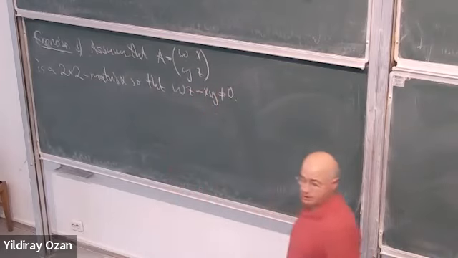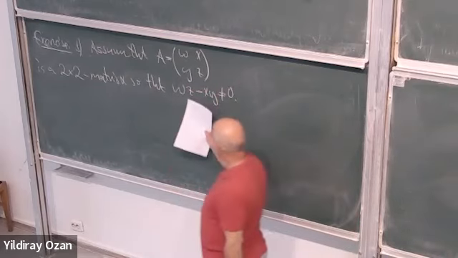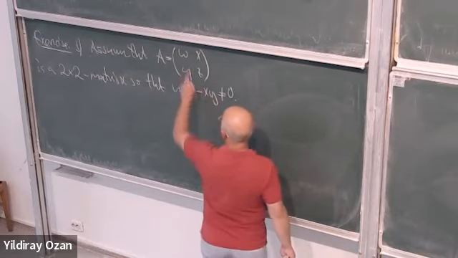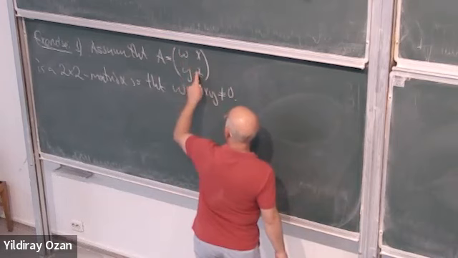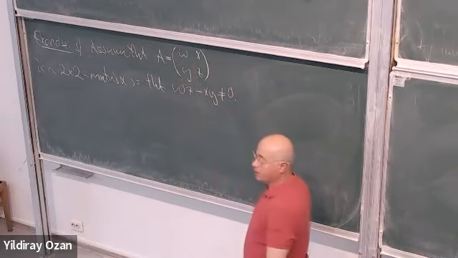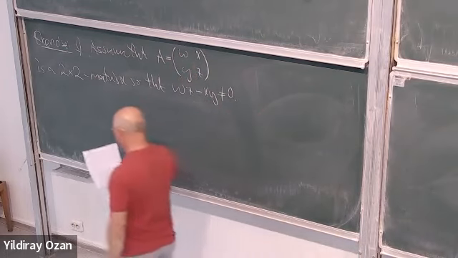Okay, this term is not 0. The product of the diagonal entries minus the product of the off diagonal ones is not 0.